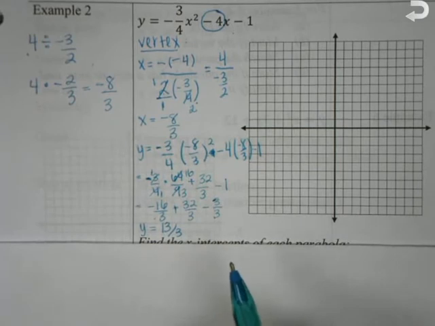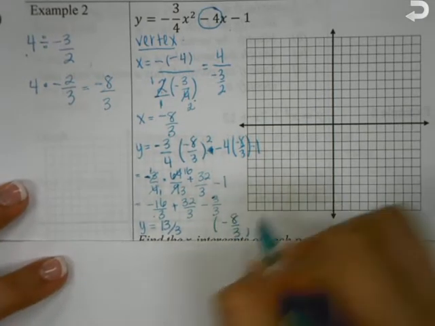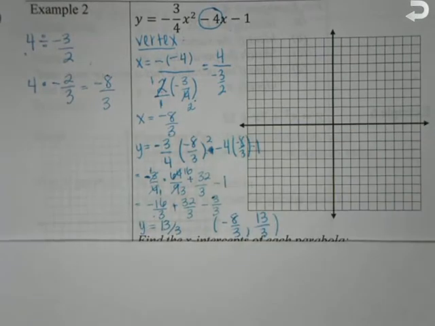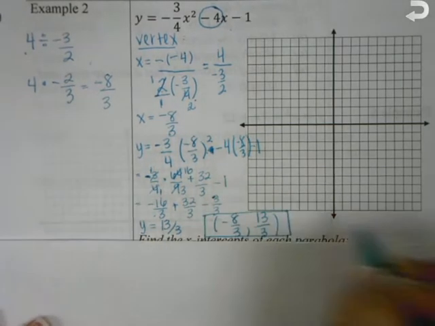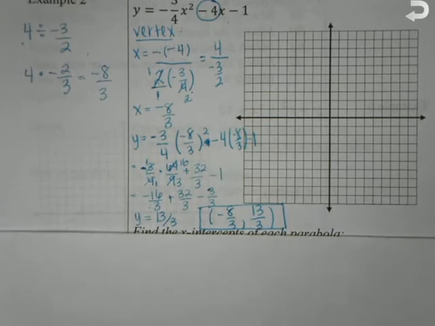So let's box it so we don't lose it. Okay, so how do I graph that? We have to estimate here. -8/3 is -2 2/3. So that would be somewhere here.